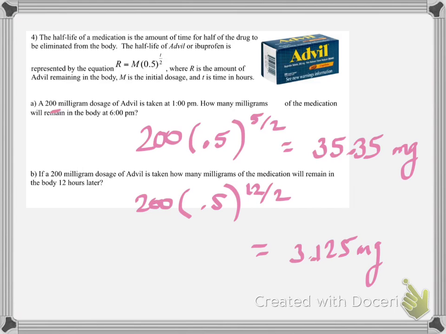So even 12 hours after you took a medication, you still have some of the drug in your system. Eventually, it basically runs out, but because of that asymptote being at 0, it truly never will completely be out of your system. You will always have some trace of that drug. Now, it might not show up on a test, but it's still there.